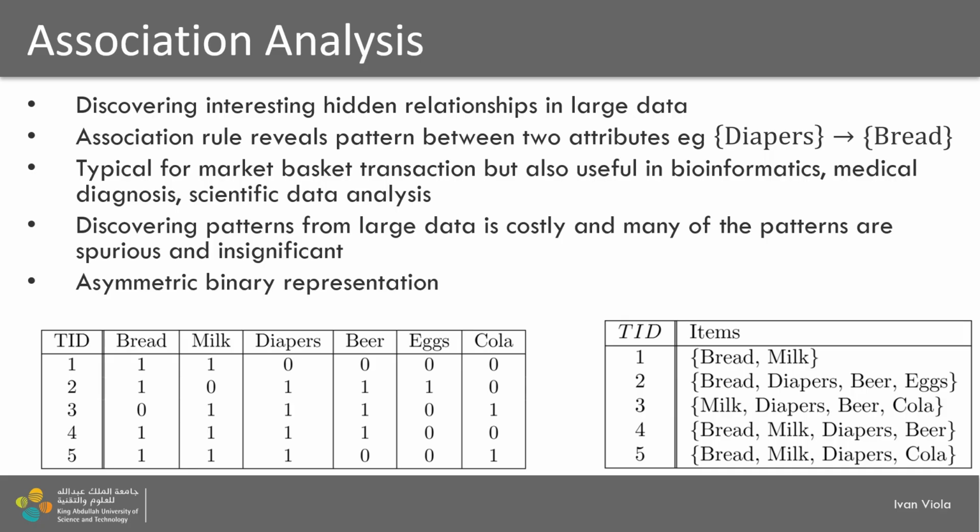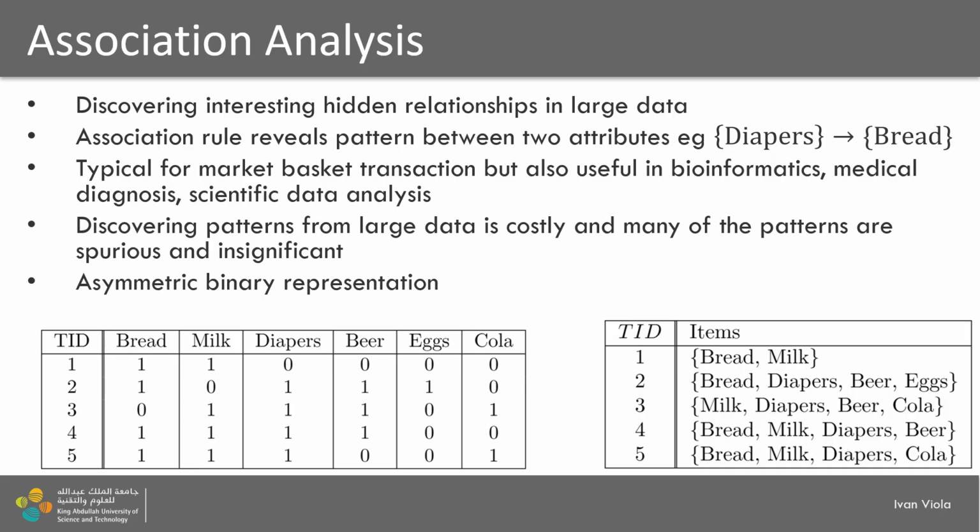So an association rule would reveal a pattern between two attributes. Like, for example, in market basket analysis, we can discover that if a shopper buys diapers, there is a high likelihood to buy bread. This is just an example.